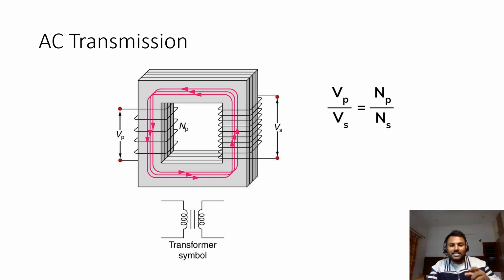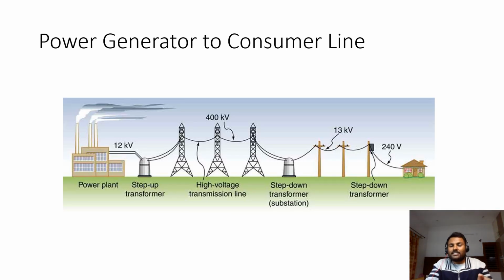You can see in the next slide, power generation to consumer line: at the power plant we generate just 12 kilovolts, but because of the step up transformer we get 400 kilovolts. Then coming to consumer lines we step down to 13 kilovolts, and again to homes or offices we step down to 240 volts.